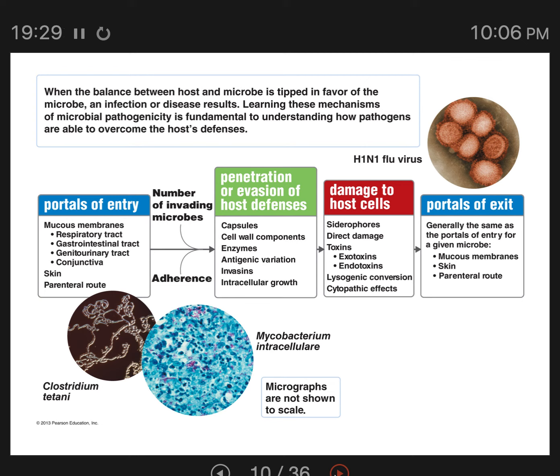For right now, we're talking about epidemiology and how pathogens spread through a population. So we're going to focus on portals of entry and portals of exit. Then in the next series of lectures, when we cover microbial mechanisms of pathogenicity, we'll talk about what's happening in those 3 steps in between, what's happening while it's inside the human body to cause disease.